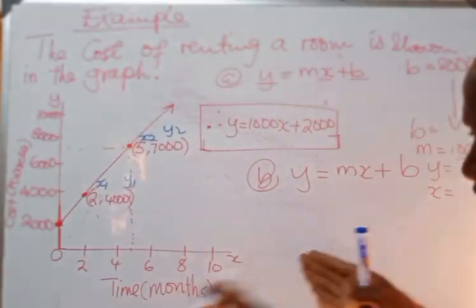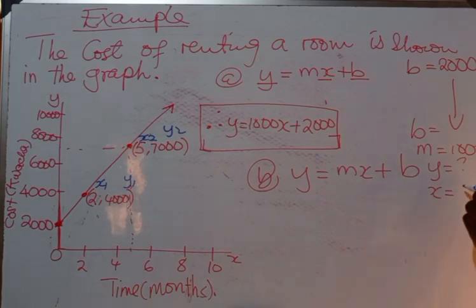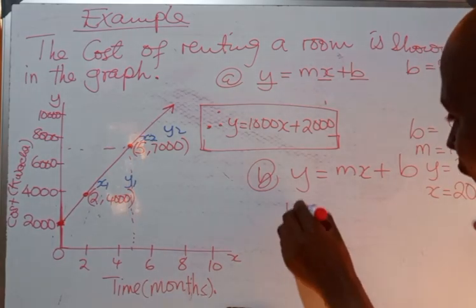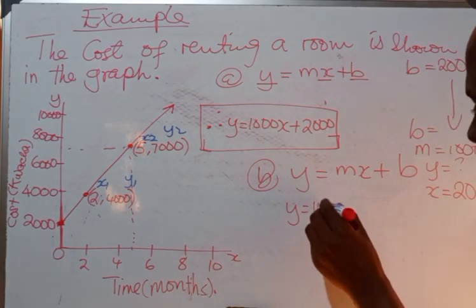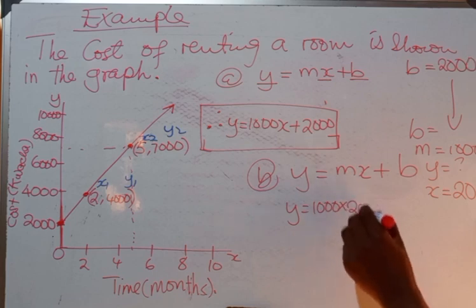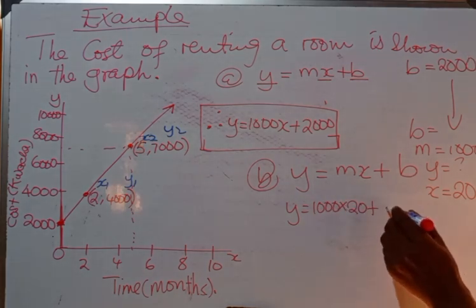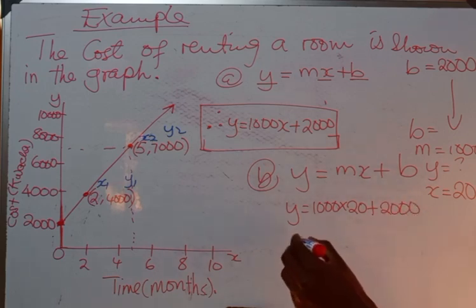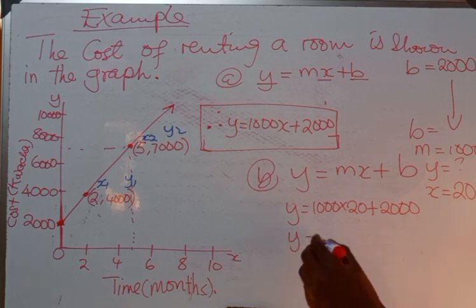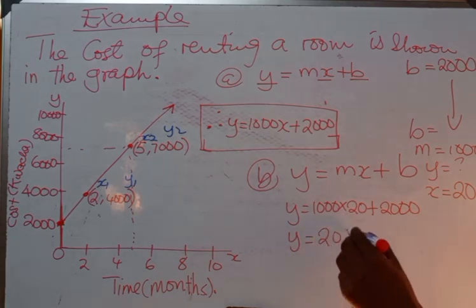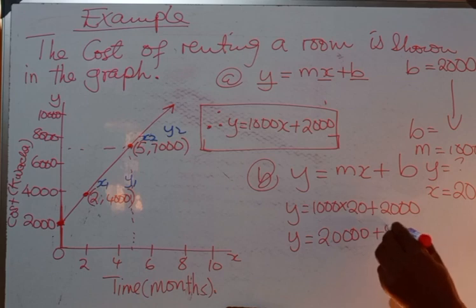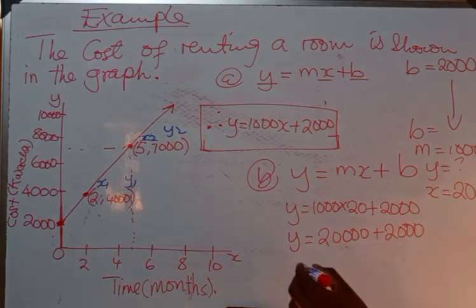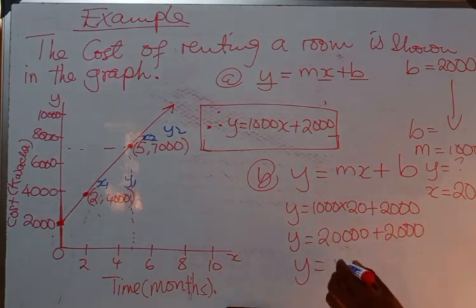Because this is the time in months, x here will be 20, because we are told it is 20 months. So y is equal to 1,000 multiplied by 20, plus 2,000. So we have y equal to 20,000 plus 2,000.